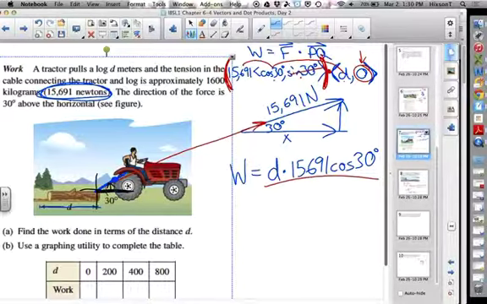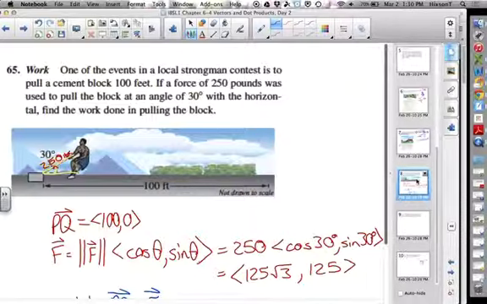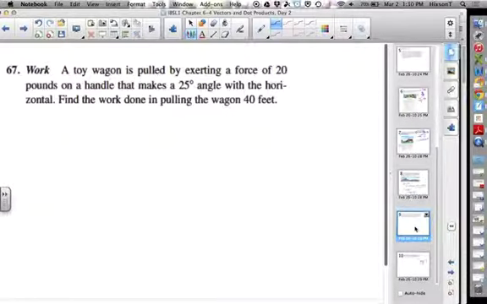That's standard position. Same thing here when you draw the picture. Positive x-axis, we're rotating counterclockwise. If you're drawing the picture yourself, you can make it work out that way.